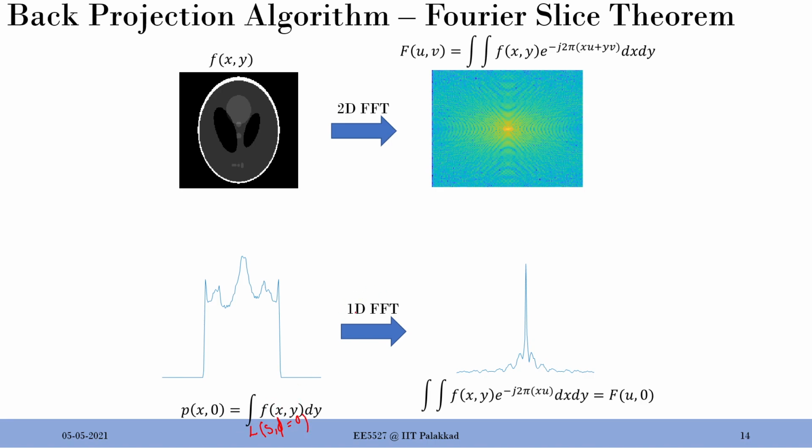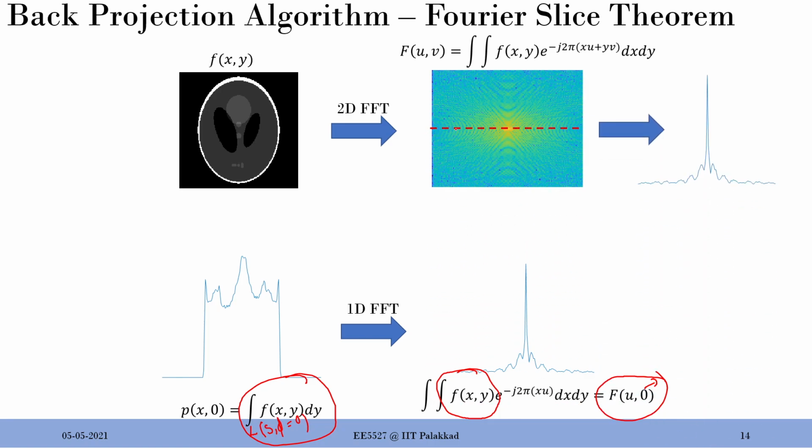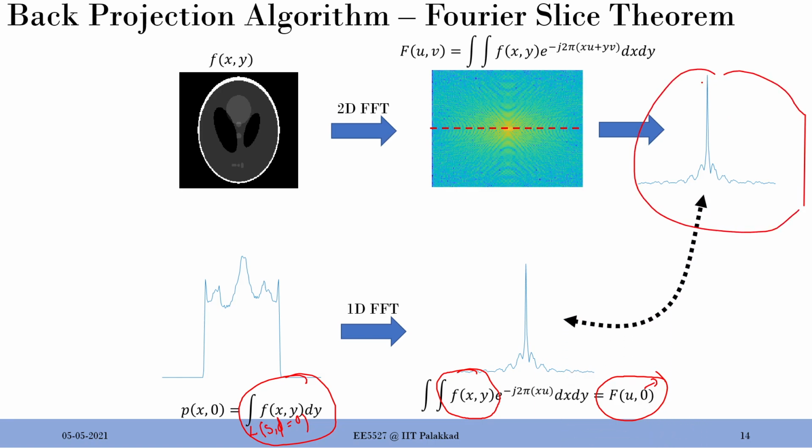And when I say the Fourier transform of that, it is the Fourier transform of this entire expression, in the x direction, which is why this factor comes into the picture. If you consider this expression, it is nothing but along v equal to 0, and only one direction I'm talking about. That means this slice. If I take one slice like this and plot that, I'll get this, and you can see that they are the same.